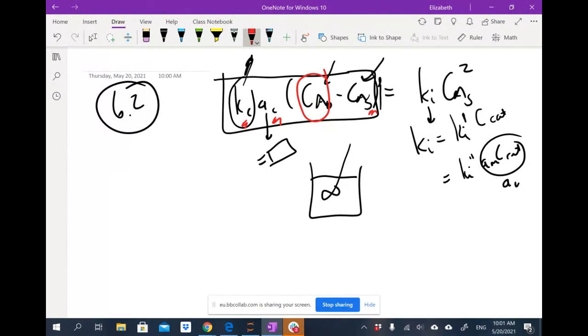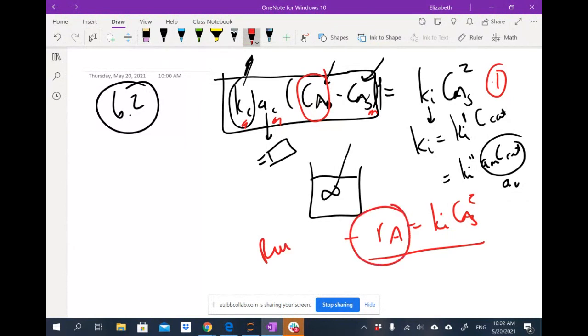So write it in terms of unknowns, and remember, this equation still applies, so this is an equation that you know. And you know that the volumetric rate that you calculated from run 1, with CAS squared, stays constant. So here you have your second equation. You have two equations, so you can solve for two unknowns, but you need to design your problem in order to be able to calculate this.